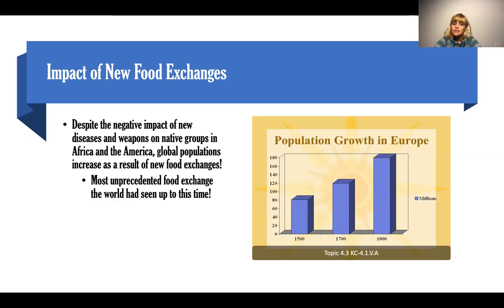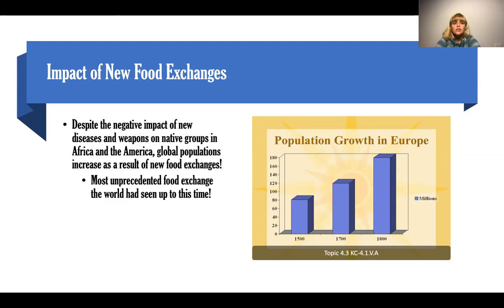And yet, the impact of this exchange is pretty much mind-blowing, okay? Despite all of the negative impacts of weapons and diseases and enslavement, global populations are going to increase like crazy amounts, okay?